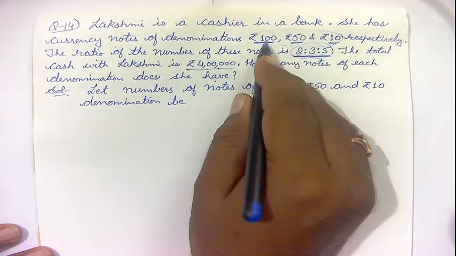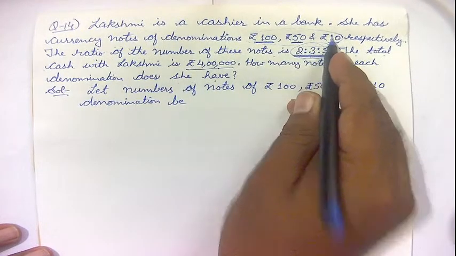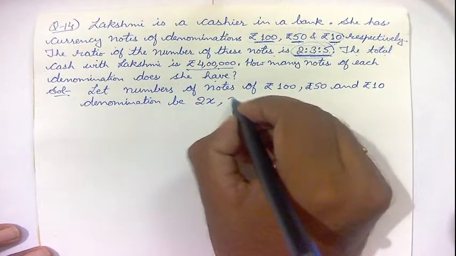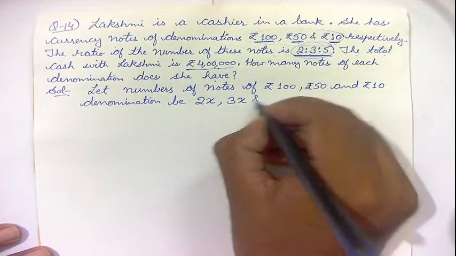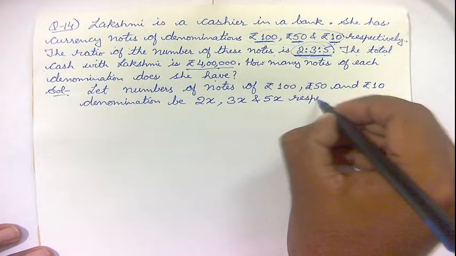So 2 stands for rupees 100, 3 stands for rupees 50 and 5 stands for rupees 10. So the notes we will take it as 2x, 3x and 5x respectively.